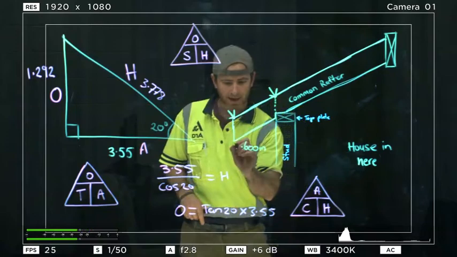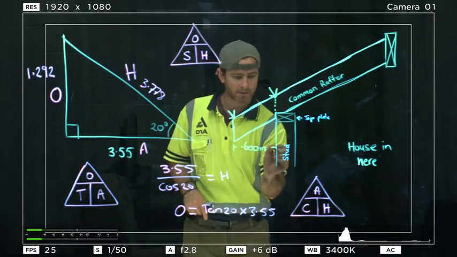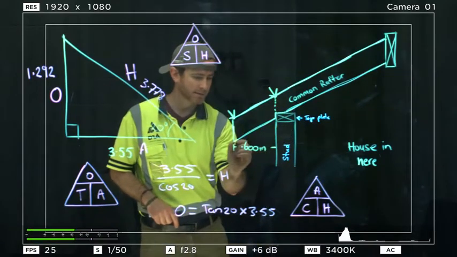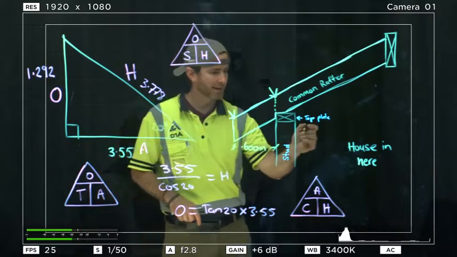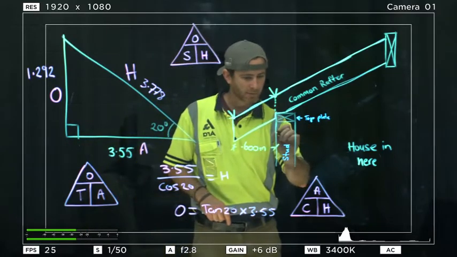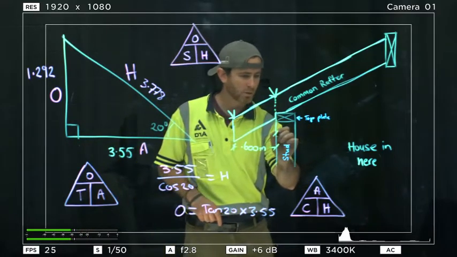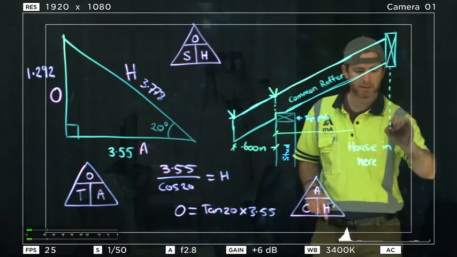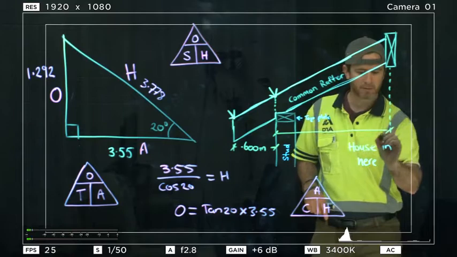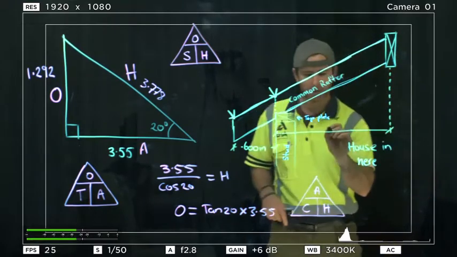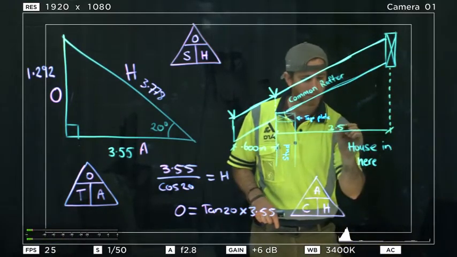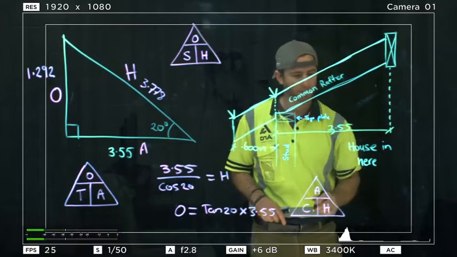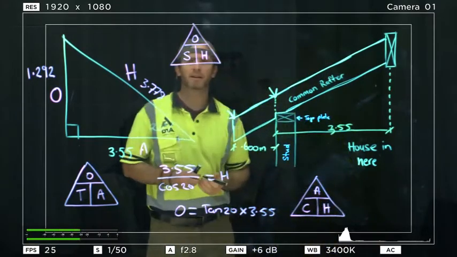So our overhang from there to there is 600 millimeters, and then our run from our outside wall to the center point of our building is 3.55. Gosh, that was a shocking 3. Hopefully you can read it there.